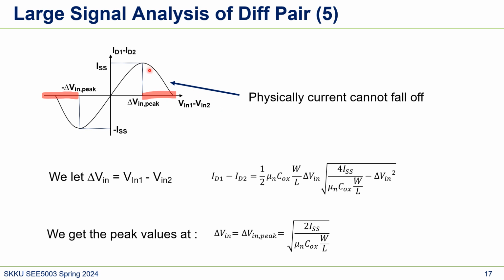First, as we discussed in the previous slide, physically currents cannot fall off, so this is not true. It doesn't make sense because of what we see in the circuit. Note that we're looking at the large signal model.